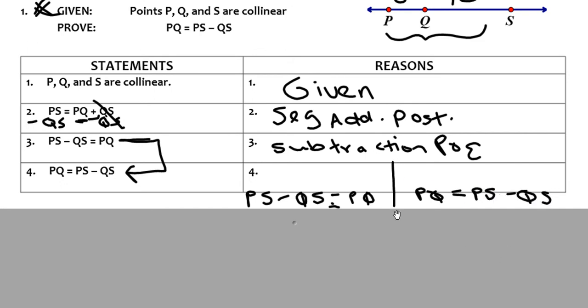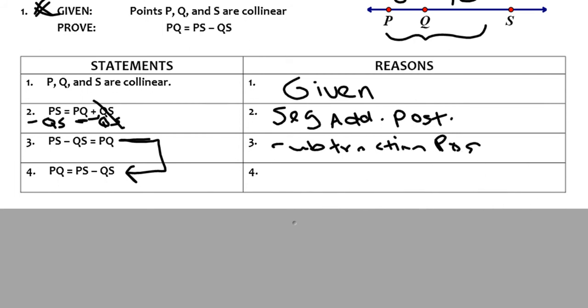So all they've done here, if you remember, if you fold down the middle here, this would fall on top of this, and this would fall on top of this. They've just flipped our sentence around. So that's the symmetric property. Okay. And we just have to check to make sure that PQ does in fact equal PS minus QS.